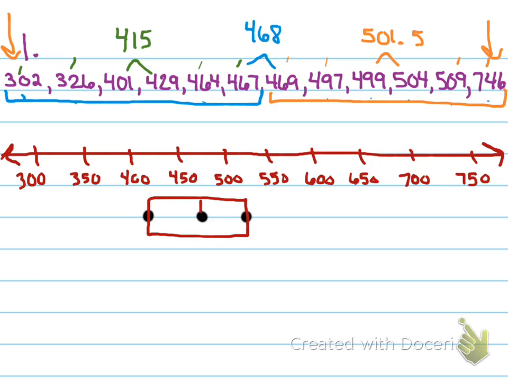You need to draw a line through your median, okay? And then for your extremes, you go down here to 302. You go over to 746. And then you draw your whiskers. And that would be your box and whisker plot.